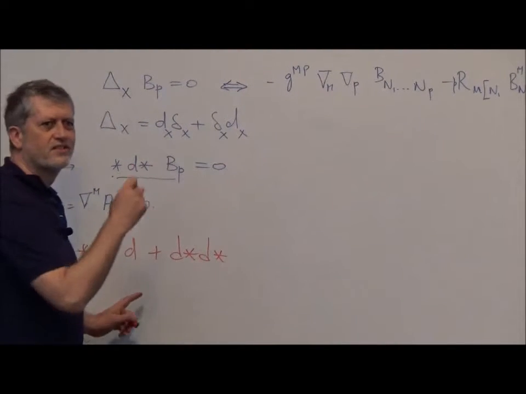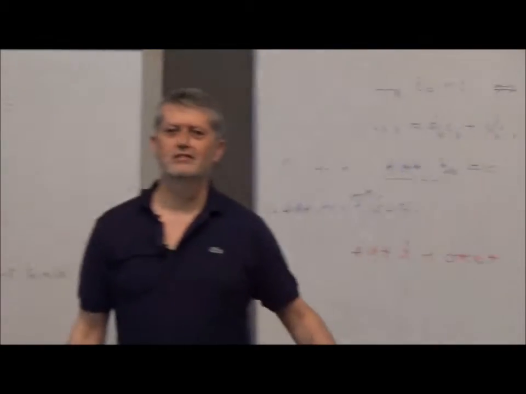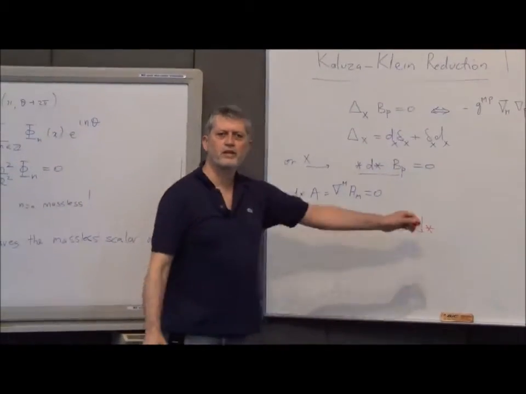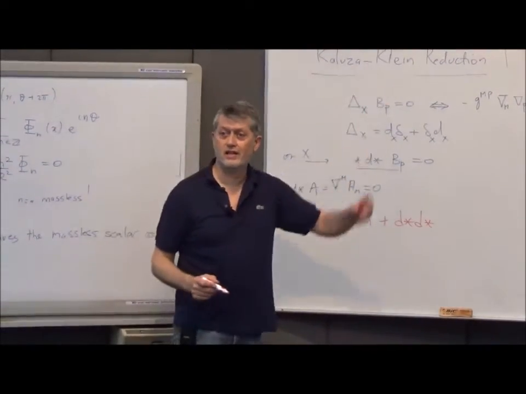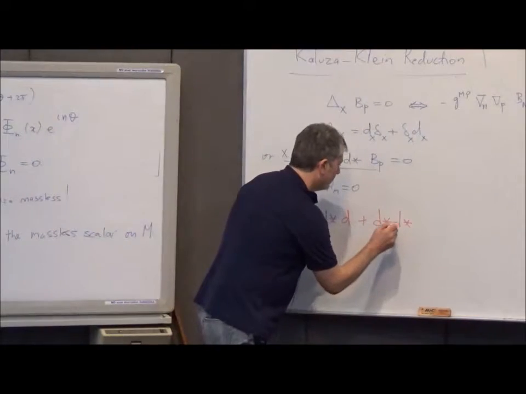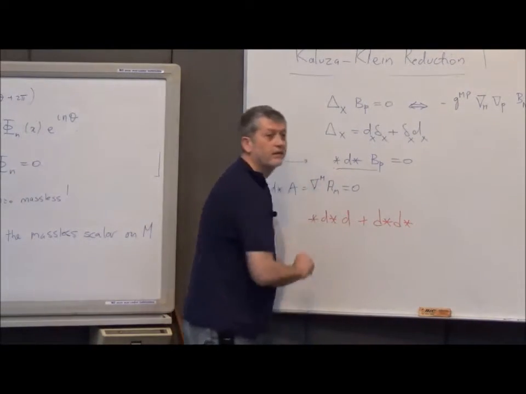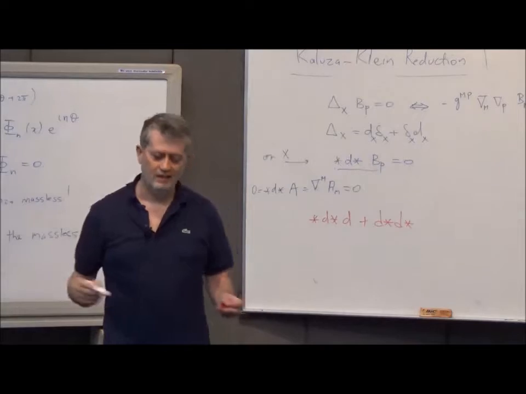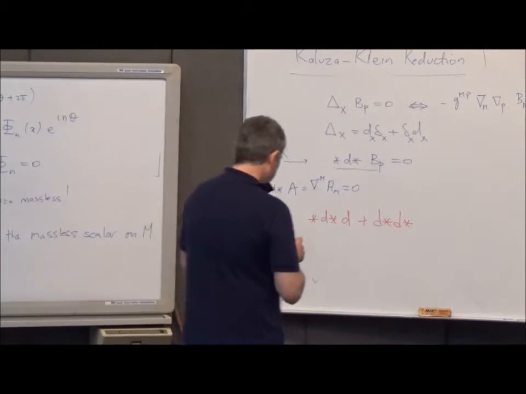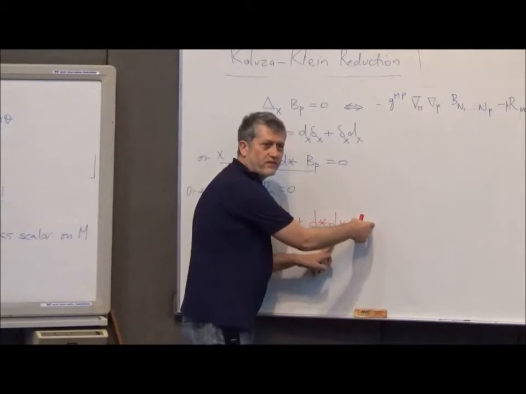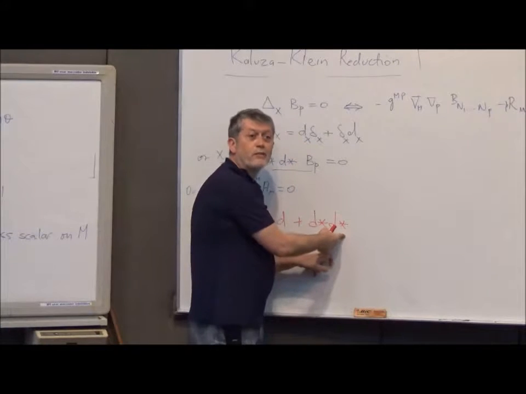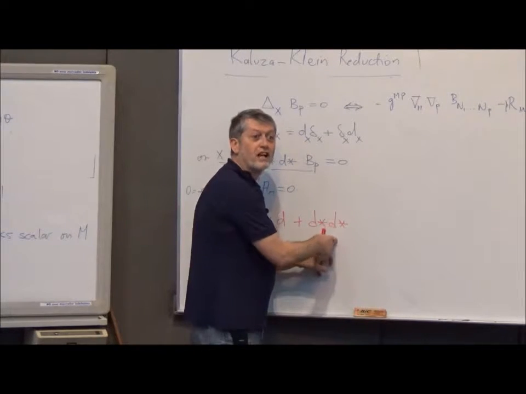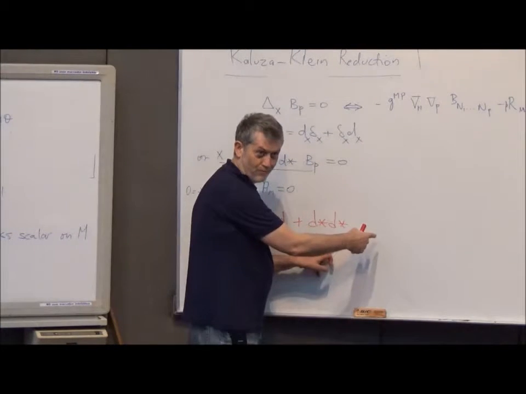Delta is star D star up to a sign. Don't worry about the signs. I'm just worried about the metric dependence. Where's the metric in this game? The metric is here, here, and here, and nowhere else. There's a form that's supposed to sit there. This derivative can either act on the metric or it can act on the form.